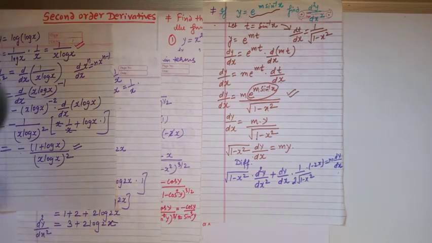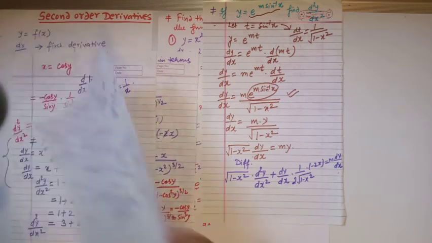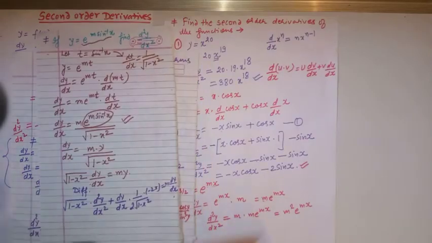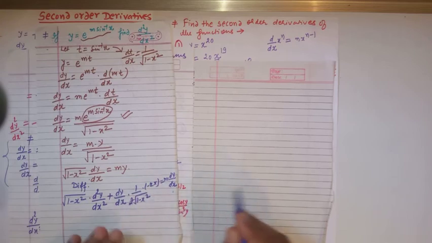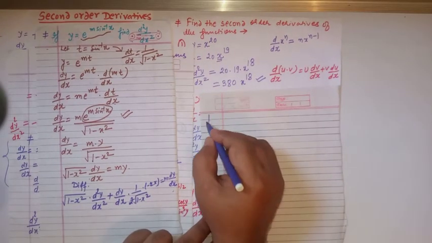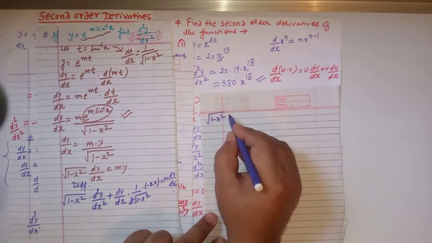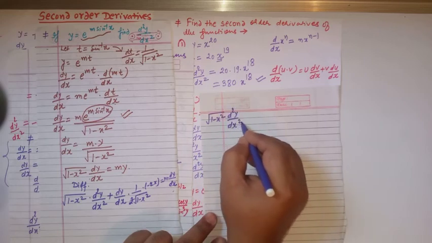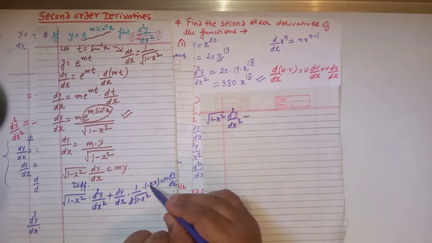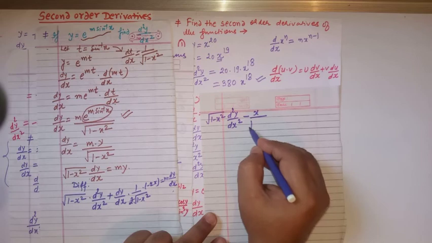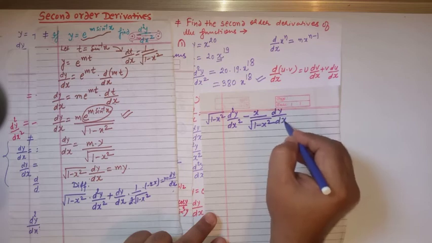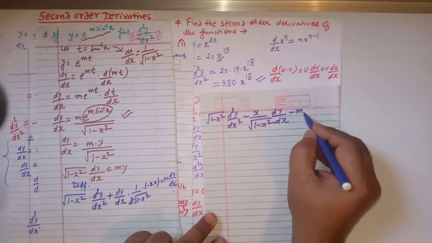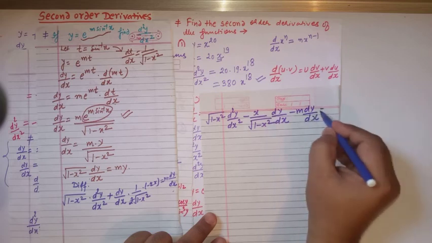Now here the 2 and 2 get cancelled, so we have square root of 1 minus x square times the second derivative, and then minus, the 2 and 2 get cancelled, so we have minus x divided by square root of 1 minus x square times dy over dx, minus m dy over dx equal to 0.